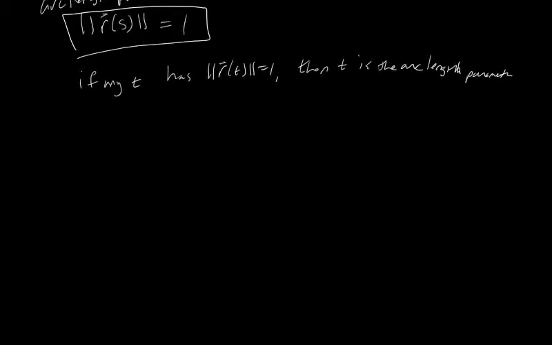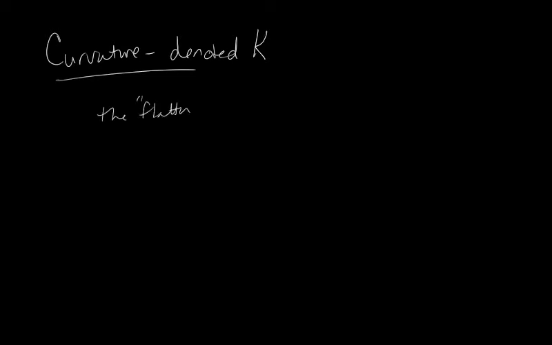All right, so now let's talk about curvature. So curvature, which is denoted kappa, is a measure of how quickly a curve is curving. The flatter a curve is, so the less curvy, the smaller the curvature.